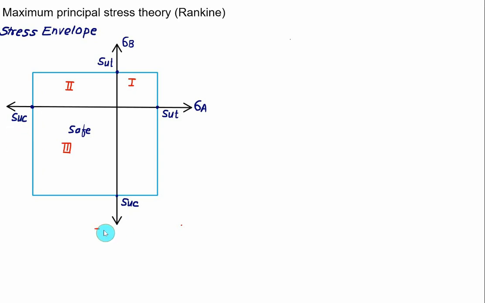This one is representing the negative value of principal stress B, and this represents the negative principal stress A. Whereas in quadrant 4, we are in the safe region, that is, the value is less than SUT and SUC, the part is safe. And here the value of sigma A is tensile in nature and sigma B is compressive in nature. So quadrant-wise we'll discuss here how to find out the factor of safety.